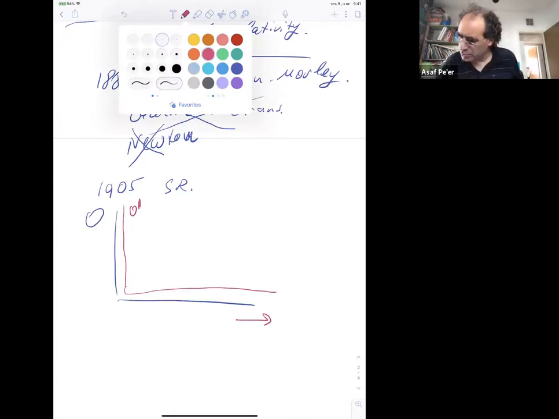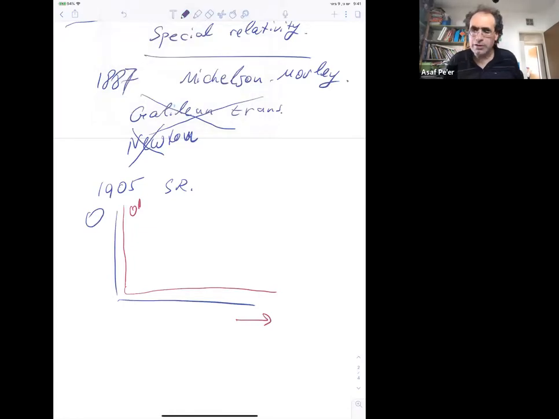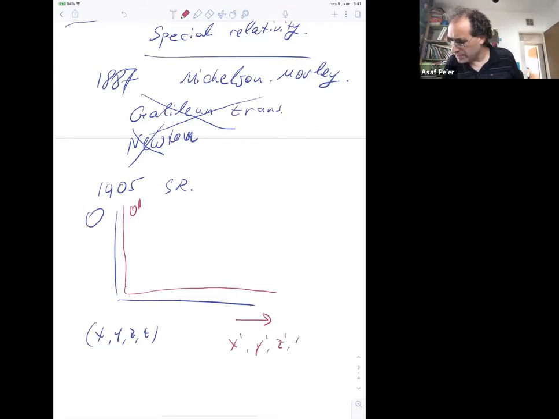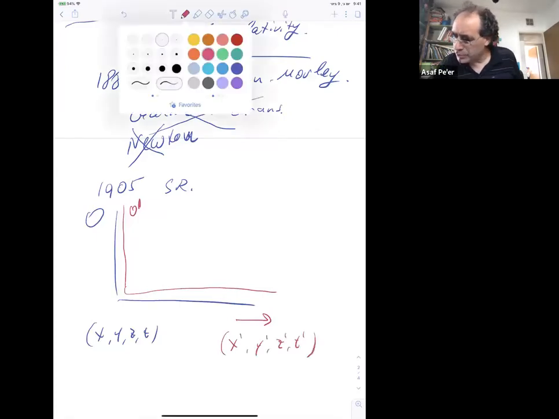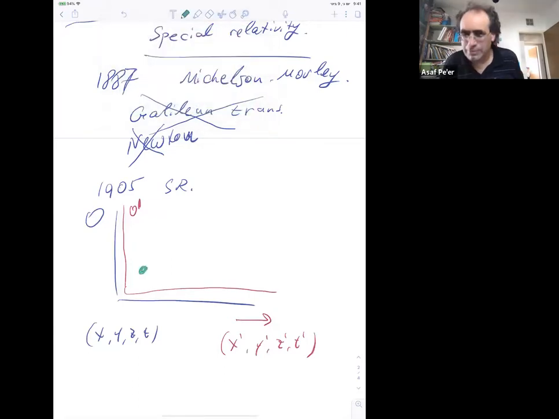Observer O would put the coordinates as x, y, z, and time, and observer O prime would write the same coordinates as x prime, y prime, z prime, and t prime. Now I should be a bit more careful. Both of them are asked to describe something, let's say this ball. Now in special relativity, which is extremely confusing, the way not to get confused is to speak of events.